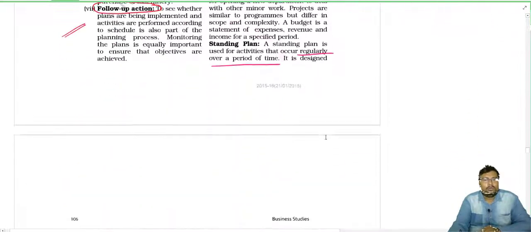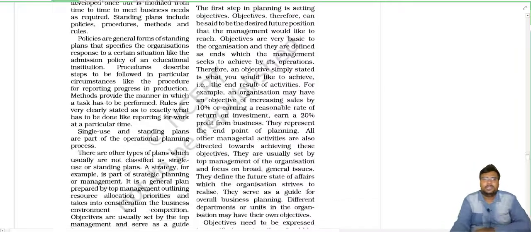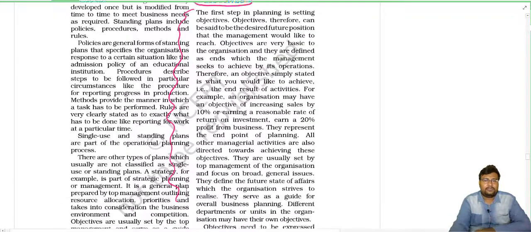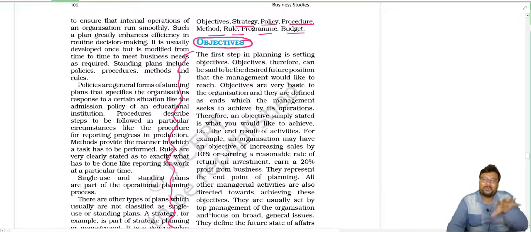Okay, now we will go for the types of plan in detail. We will not learn each and every thing, because you can see this whole paragraph. Is it necessary to remember all this?